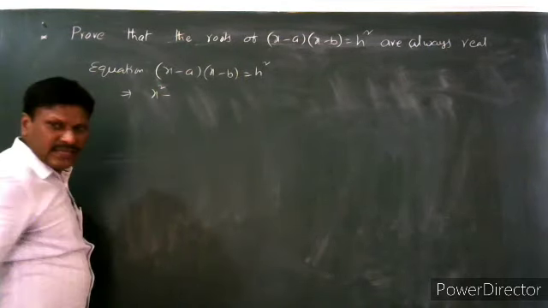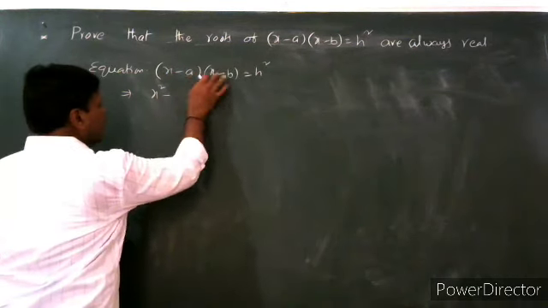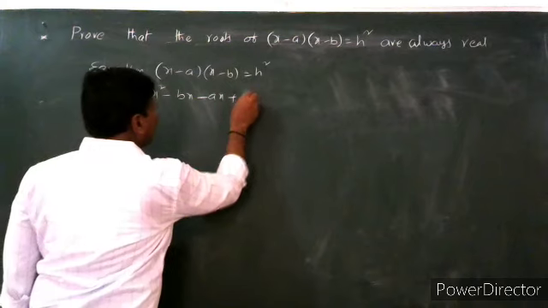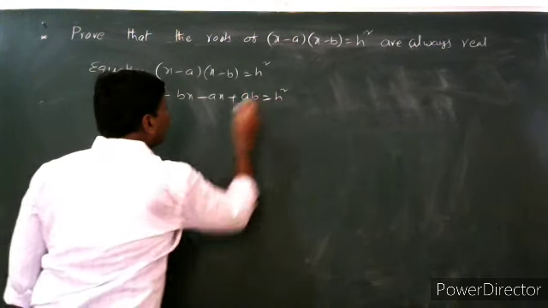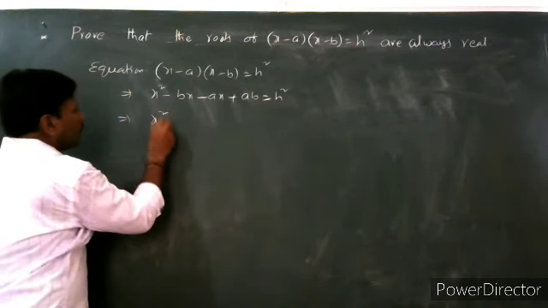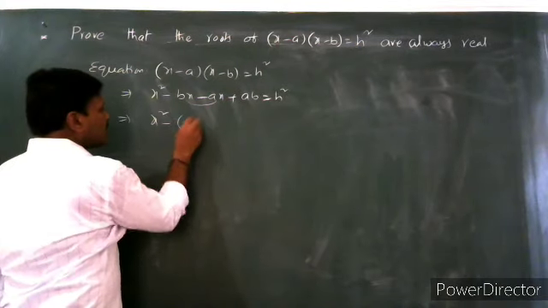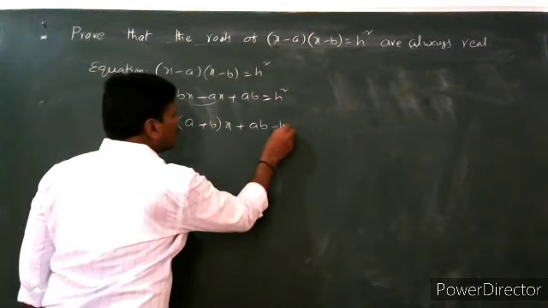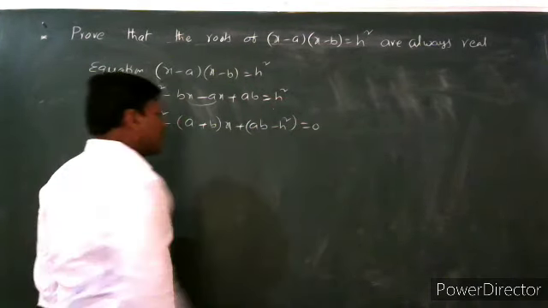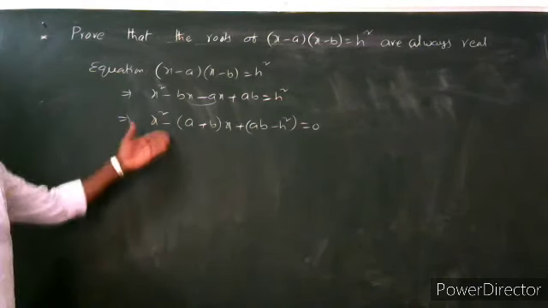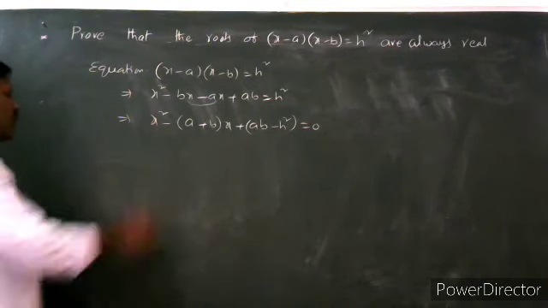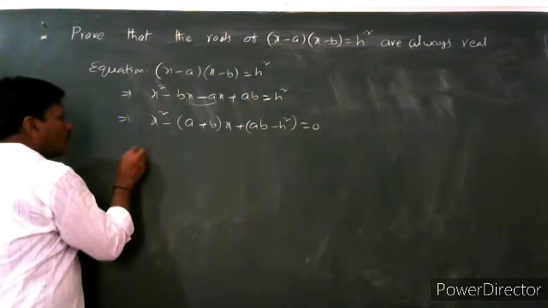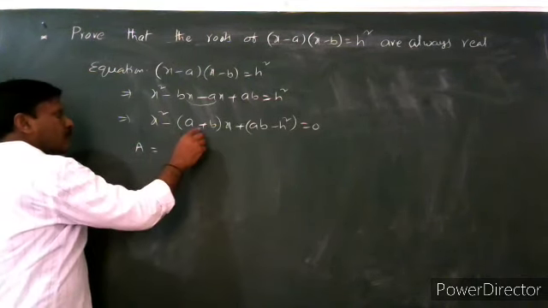That implies x square minus bx minus ax plus ab is equal to x square. x square minus x square plus (a plus b) into x plus ab is equal to 0. This is a quadratic equation. Here it is in the form ax square plus bx plus c is equal to 0. The equation is, now take as capital letters because already small letters are there.